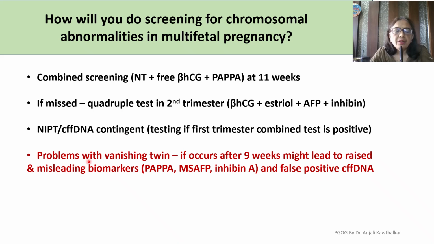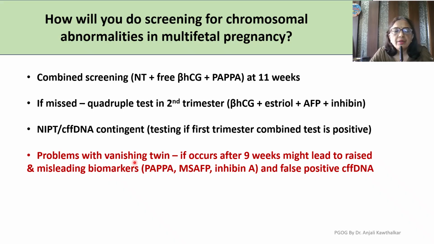We have to remember that whenever there is a case where there is a vanishing twin, that one fetus dies in first trimester and then repeat ultrasonography shows only one. If previously USG showed twin pregnancy and then on repeat it shows singleton pregnancy, it is suggestive of a vanishing twin.